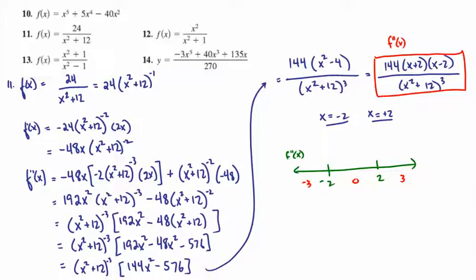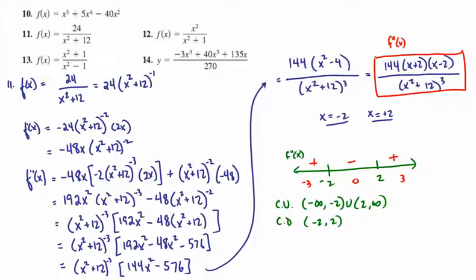Plugging in negative 3, I get negative times negative, which is positive. Plugging in 0, I get positive times negative, which is negative. Plugging in 3, I get positive, positive, which is positive. So our job was to find the intervals where it's concave up, and that is from negative infinity to negative 2, and then from 2 to positive infinity. Concave down is from negative 2 to positive 2.